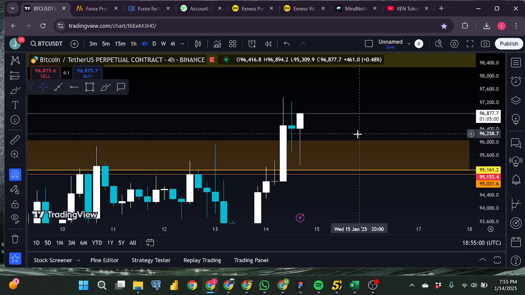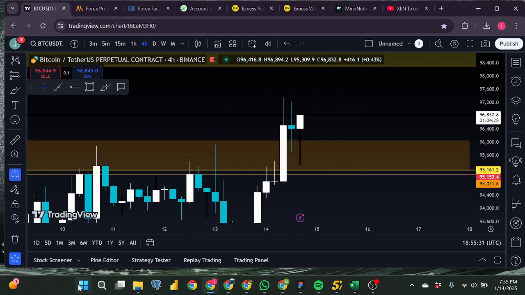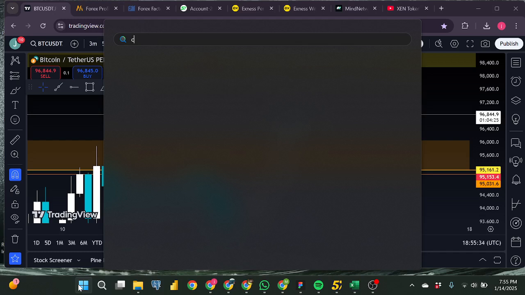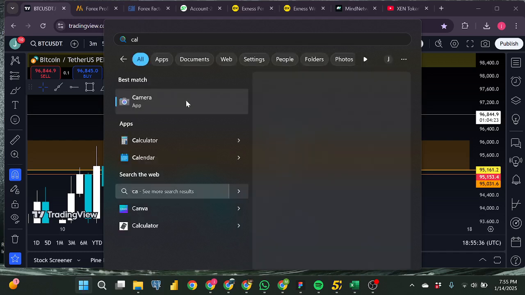Now, the general principle is this: you only allocate 1% or 2% of your total account size for your risk. What it means is this. Let me go to my calculator. Please let me know if you are following me.